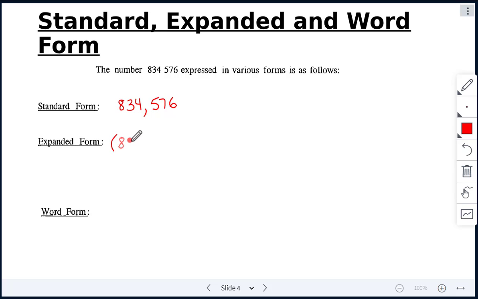So we're going to write that out as 8 times 100,000. Close the bracket, and then we have to separate our brackets with the plus sign. 3 is in the 10,000s place, so it's 3 times 10,000. Close the bracket. Plus 4 is in the 1,000s place, 4 times 1,000.